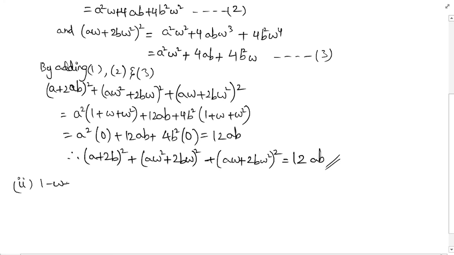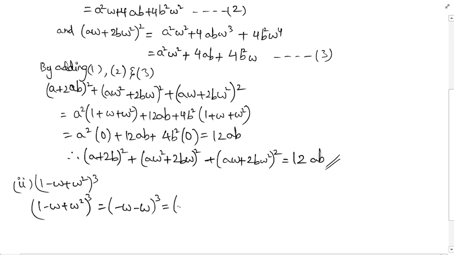Okay, now we'll move on to the second bit. Second bit is quite simple. Okay, (1 minus omega plus omega square) the whole cube. We have to find the value of this. Okay, so (1 minus omega plus omega square) the whole cube is equal to (minus 2 omega) the whole cube. Right?